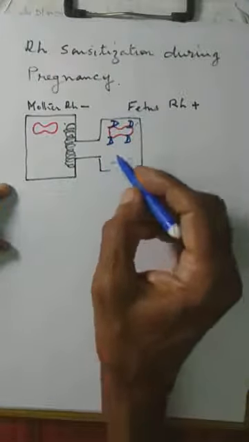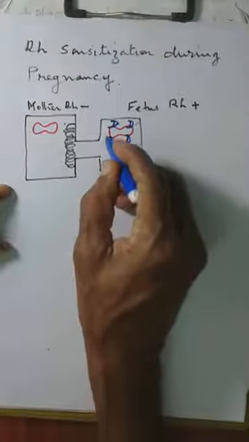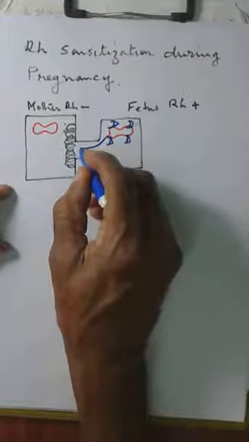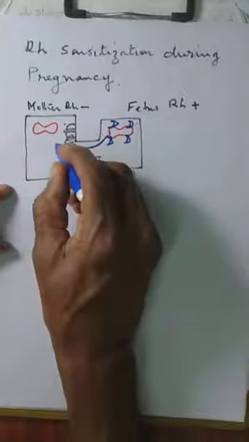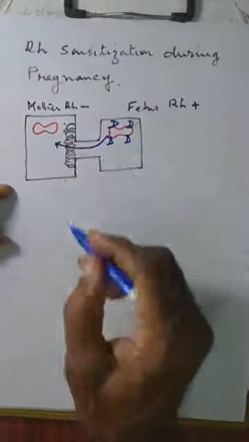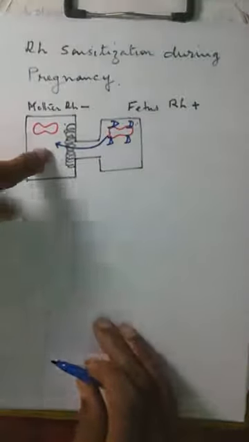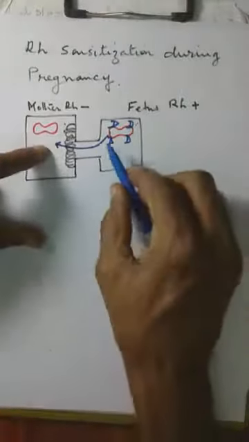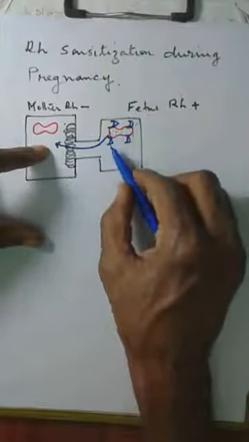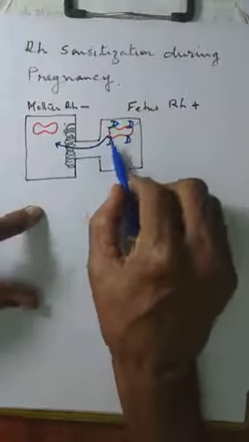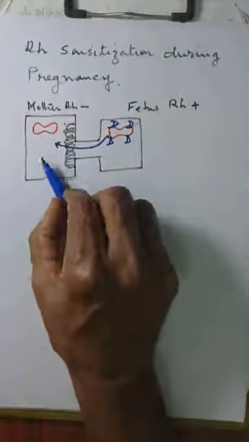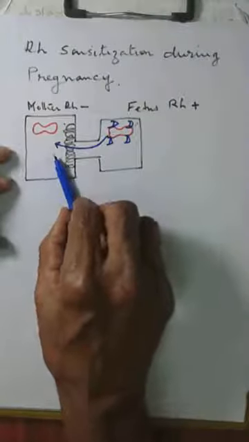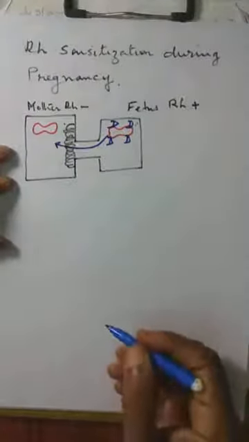So when this RBC enters the blood of the mother, the immune system of the mother's blood will detect this RBC with D antigen and consider it an enemy, and the mother's blood will start producing antibodies.